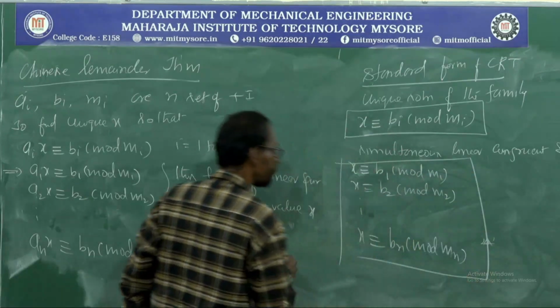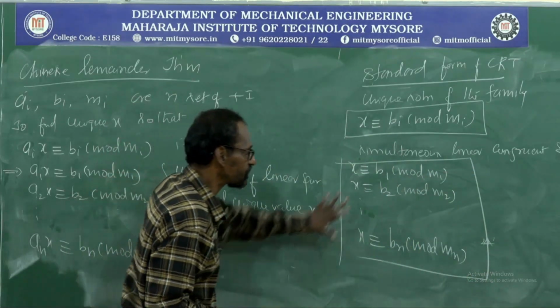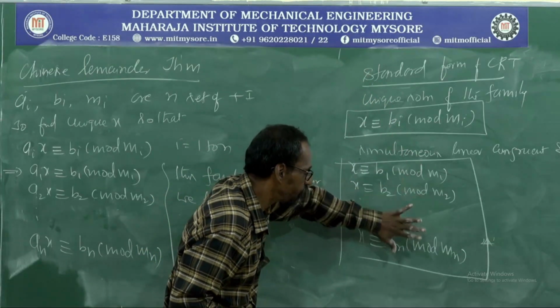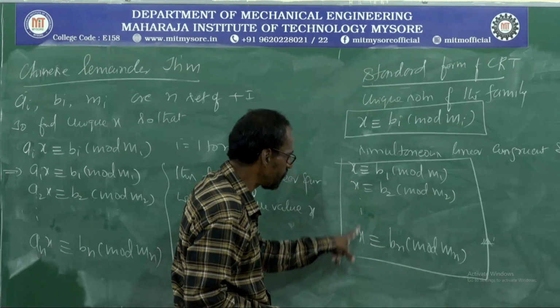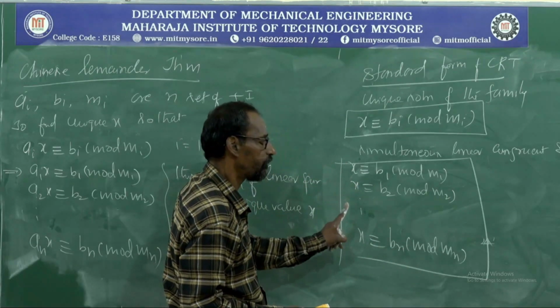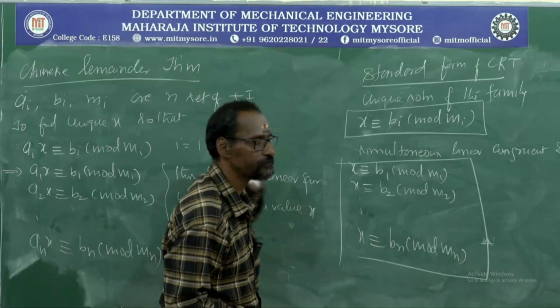This is my Chinese remainder theorem. What it says is, for this set of n linear congruent equations, you will be finding a unique value of x satisfying all these equations.